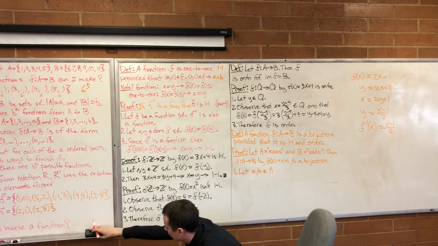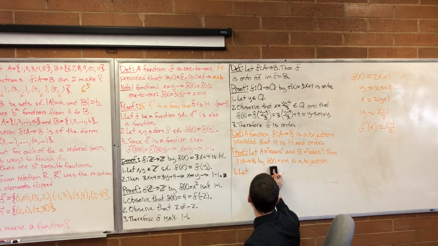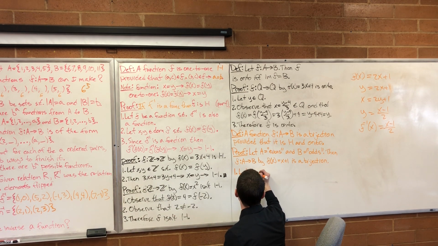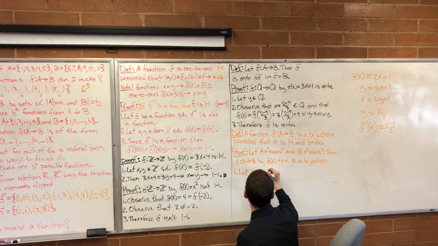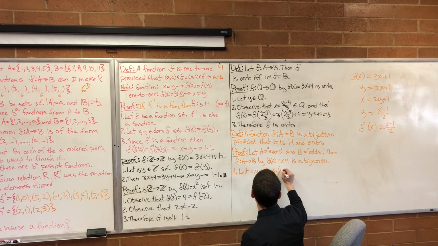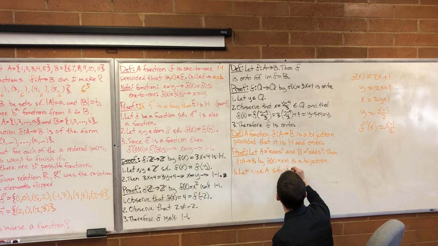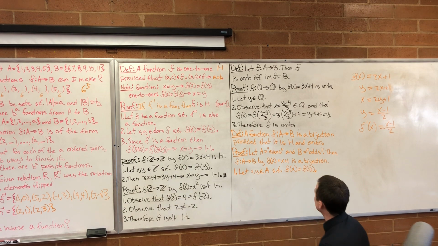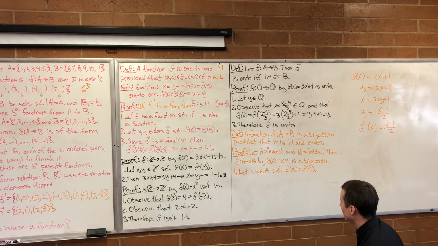Maybe we shouldn't use a B there, since B's what we call the right-hand set. What should we call them? Let x, y in A such that f of x is equal to f of y. And we need to use this to show that x is equal to y.